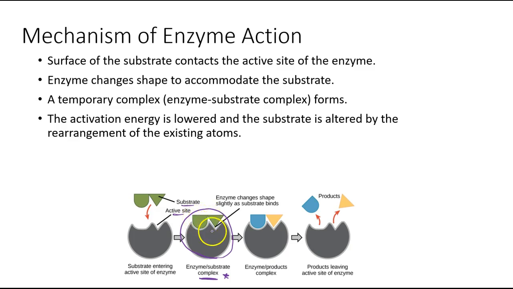If the substrate doesn't bond correctly to the enzyme, then the products are not going to be produced because the enzyme's not going to be able to work. At this point, the enzyme-substrate complex has formed, the activation energy is lowered, and the substrate is then altered.